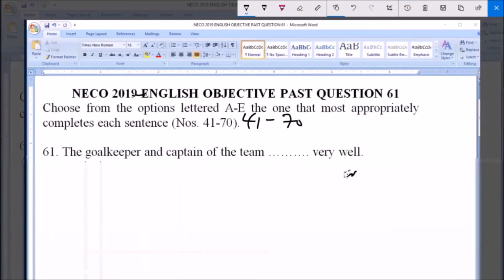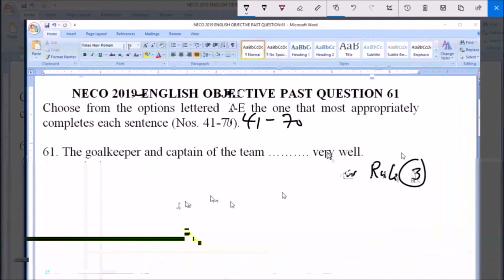Very wonderful question. Under the rule of grammar, rule number 3 tells us that if two subjects are connected together, because in this statement we have two subjects.